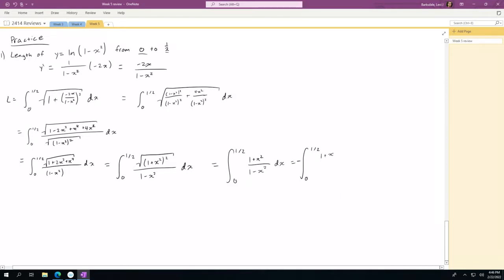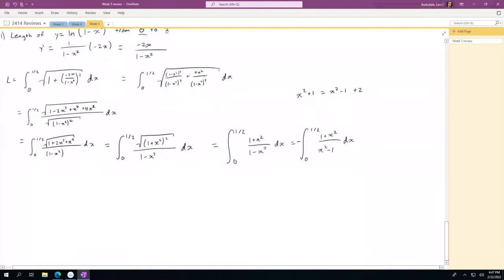So I have 1 plus x squared, and then I pull the negative out from the denominator, and this is an x squared minus 1. Now I can write x squared plus 1, which is my numerator, as x squared minus 1 plus 2, right? Which means I can rewrite my integral, still have my negative out front, as x squared minus 1 over x squared minus 1 plus 2 over x squared minus 1.